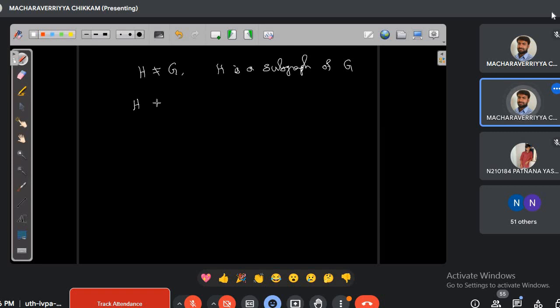In this case we call H a proper subgraph of G. If we mention H is a proper subgraph, it means that H is not equal to G. Okay. It may happen that you are not considering all the vertices, or you are not considering all the edges. Even if you consider all vertices, you may not be considering all edges. That is what it means.